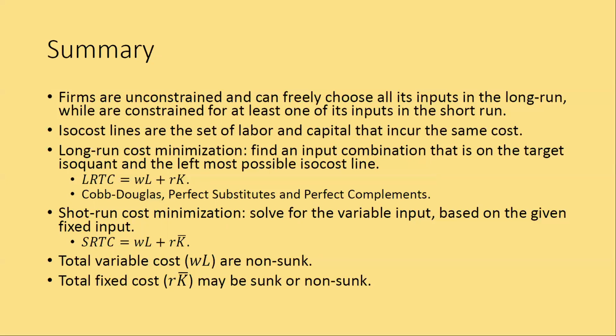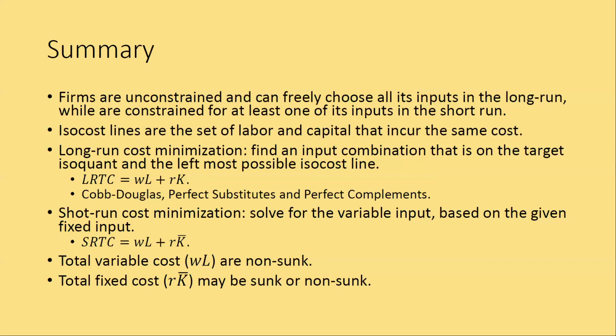We defined the isocost lines, which are very similar to the budget lines we saw previously. Isocost lines are the set of labor and capital combinations that will incur the same amount of cost for the firm. We solved the long-run cost minimization problem. We are essentially looking for an input combination that is both on the target isoquant and also on the leftmost possible isocost line.